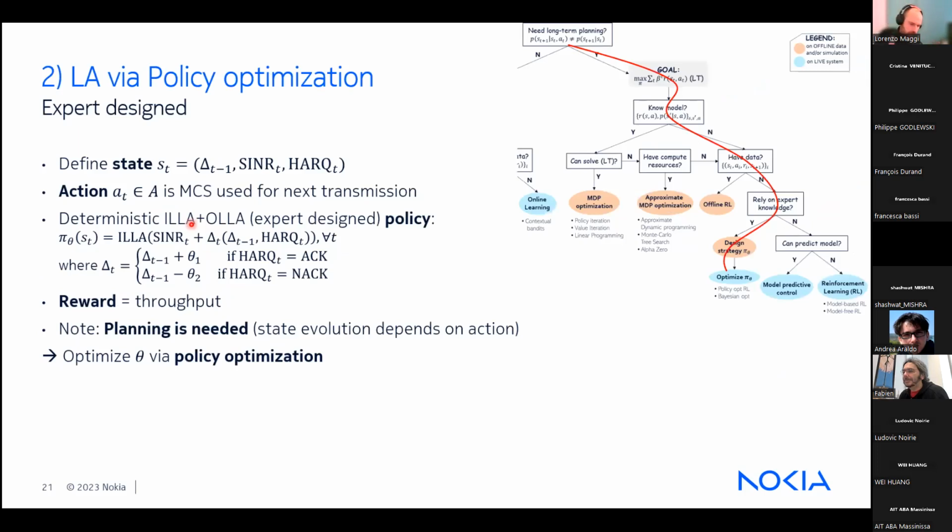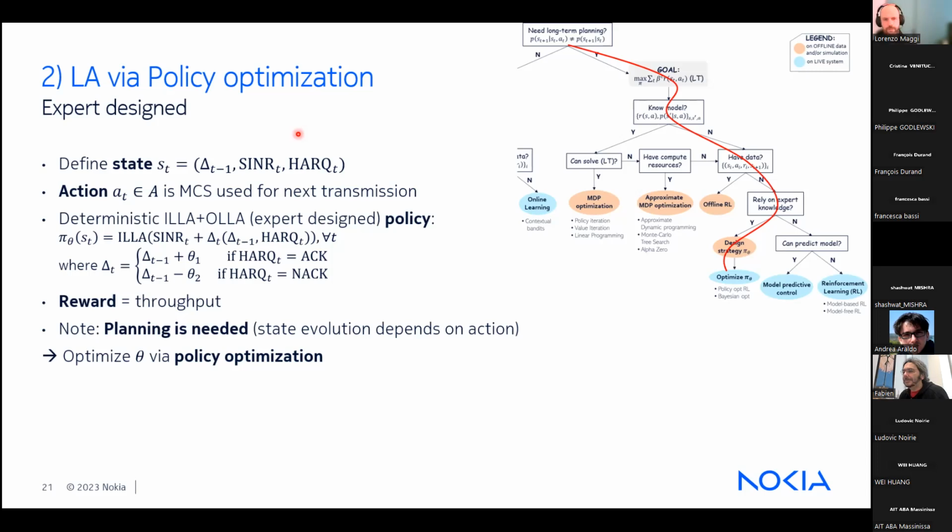Otherwise, we've seen that there's a state of the art that works very well, but that depends on a couple of parameters, theta 1, theta 2. Well, this is effectively a policy, and this is a reinforcement learning policy. And why? Because if we define the state as the previous correction that you've given to this SNR, the current SNR, and whether the current transmission has been successful or not, then you can see that the next state is a function of your action.